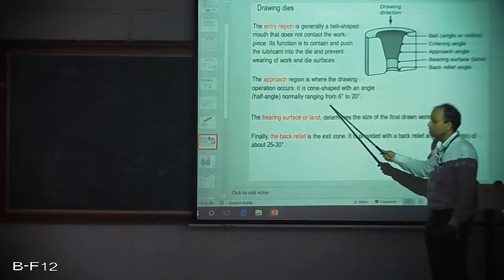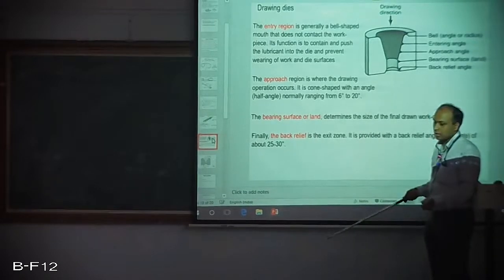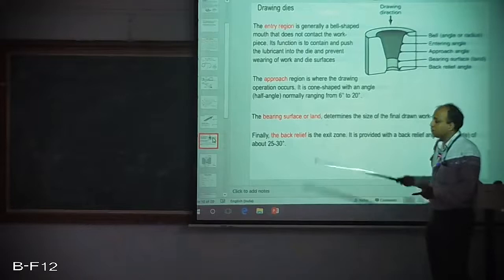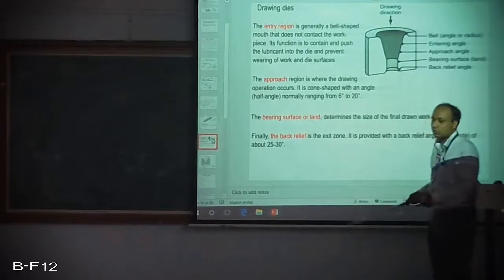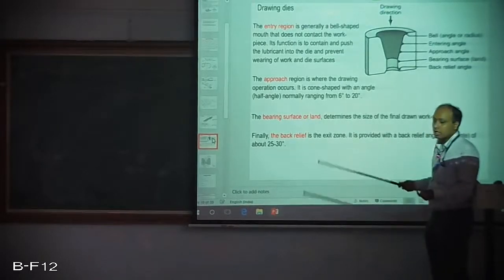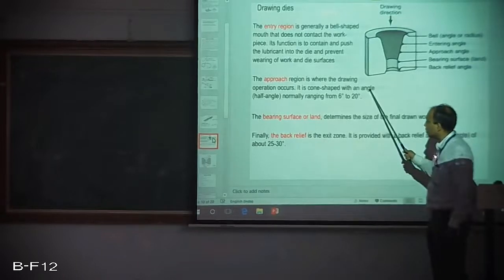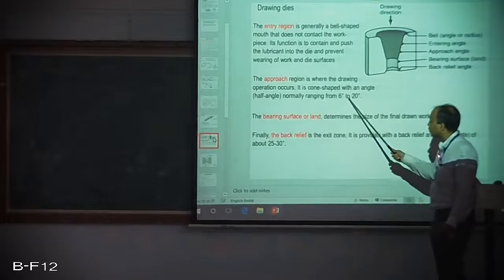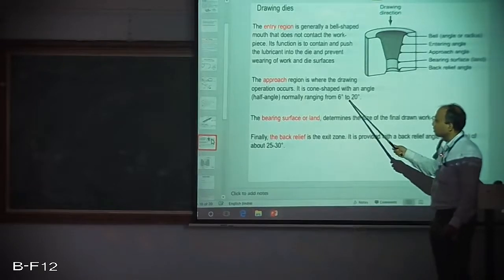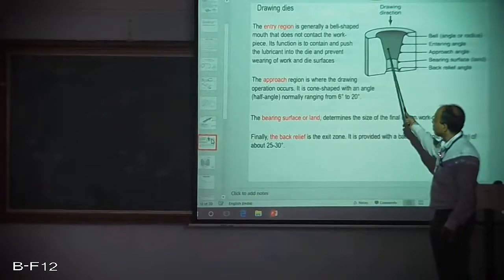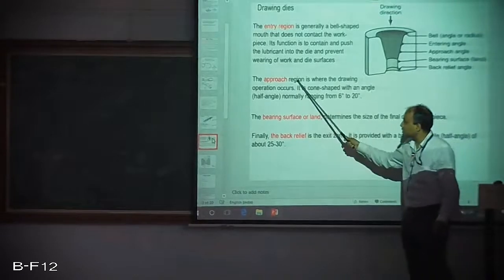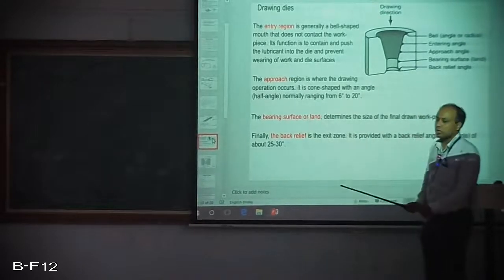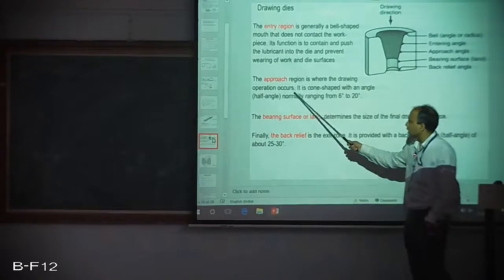I'll come to what will happen if angles are less than 6 degree and what will happen if the angles are greater than 20 degree. If it is greater than 20 degree, that is also undesirable. Based on the requirement, I should be operating within these angles. So the approach angle and approach region is very crucial. Actual drawing deformation takes place in this approach region.